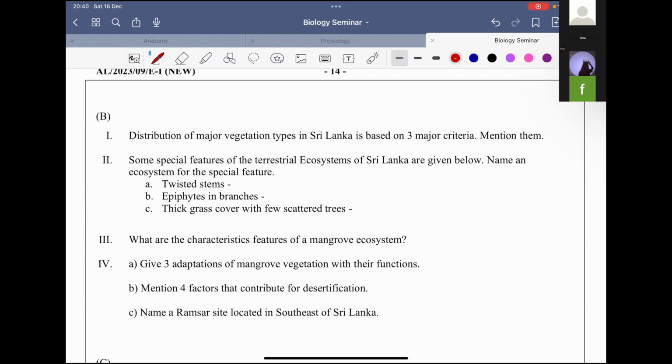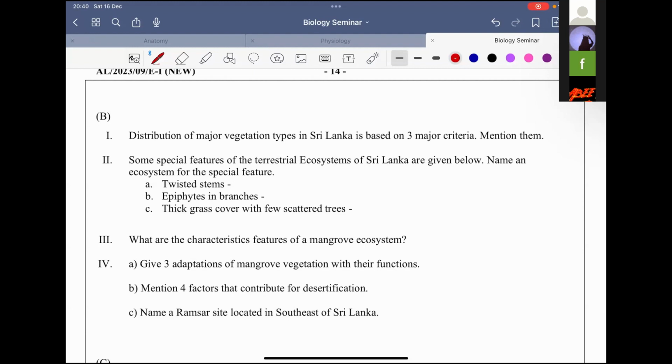First question: distribution of major vegetation types in Sri Lanka is based on 3 major criteria. So this is also in your resource book, right? This comes under ecosystems of Sri Lanka. So you know Sri Lanka is in the North Equatorial Tropical Zone.